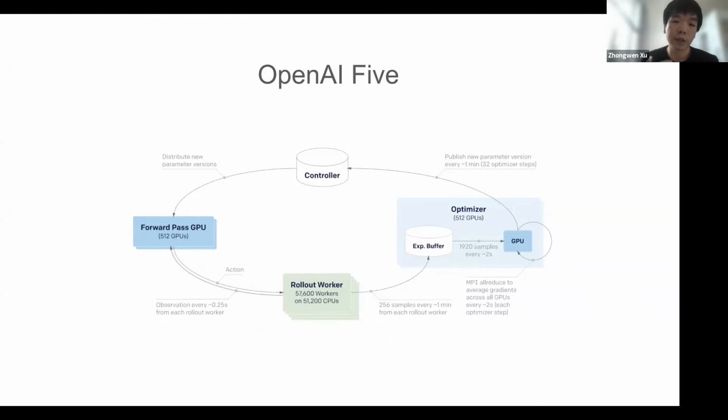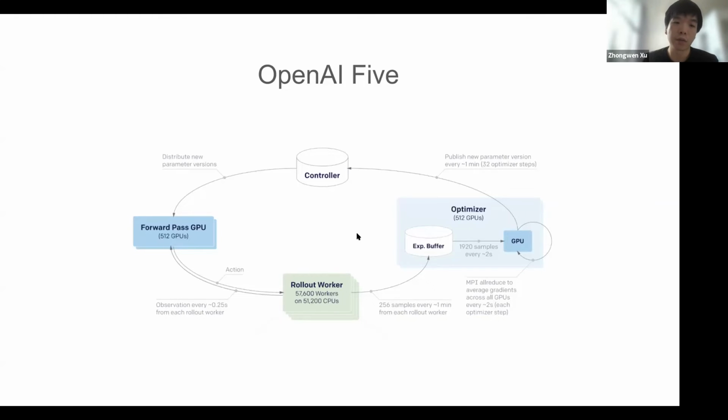For only running the game simulation, they're using 51,000 CPUs to simulate the game, and to forward the policy network, they're using 512 GPUs, and to learn from the experience replay buffer, they are using another 512 GPUs. So that they can achieve super high throughput for the whole training system.